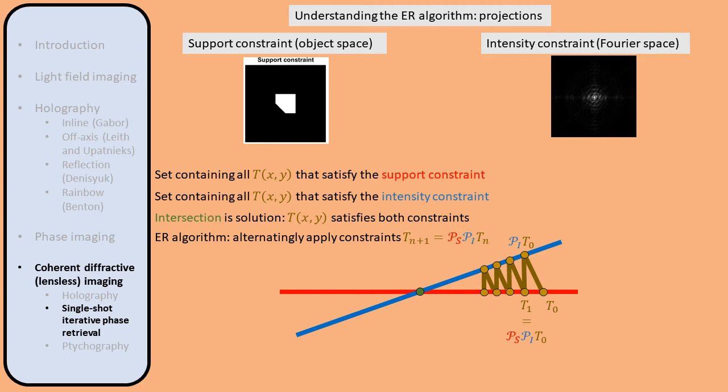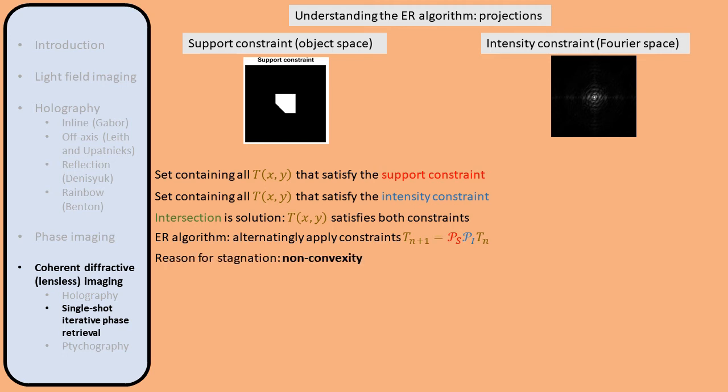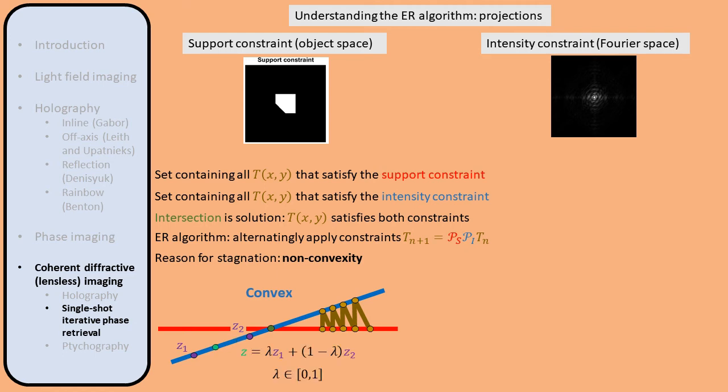So what is happening? The reason that the algorithm stagnates at the wrong solution is because the intensity constraint set is non-convex. In the pictorial representation that we just saw, the intensity constraint was convex. What this means is that if you take 2 points in the set and you draw a straight line between them, then every point on that line lies in the set as well.